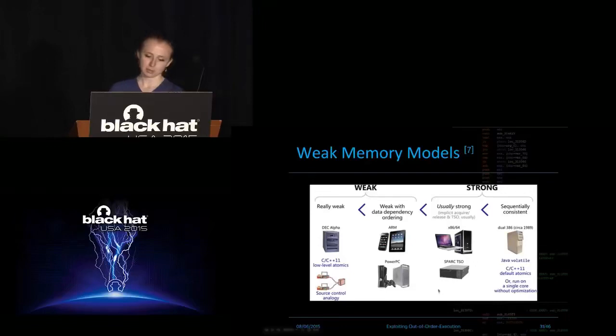Now in different systems, when there are even weaker memory models, our out-of-order execution channel actually increases in amplitude, so it's amplified. But in systems like this, when there is absolutely no reordering allowed, then obviously our channel is mitigated.